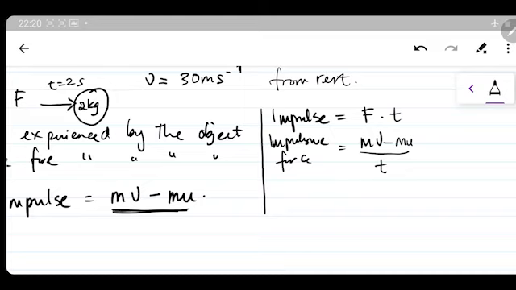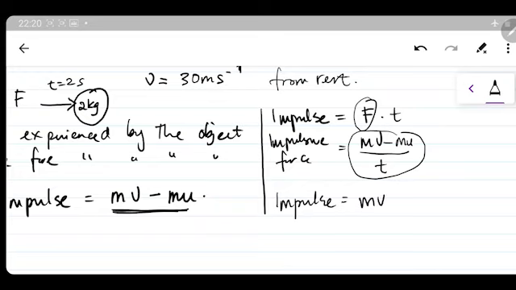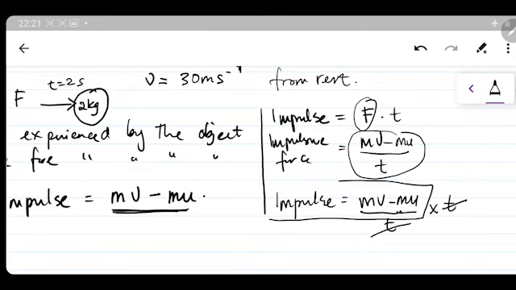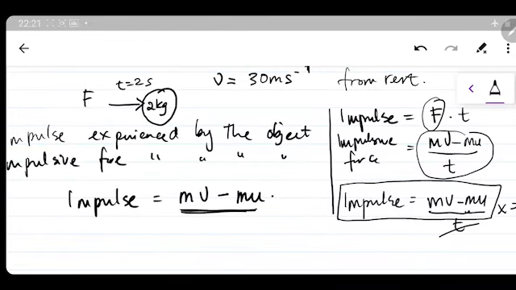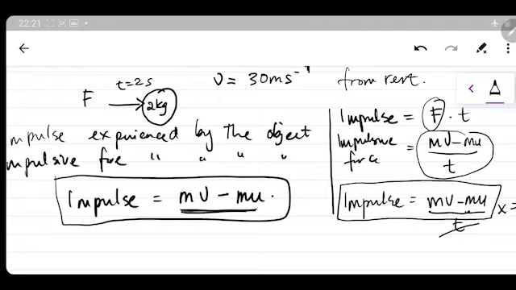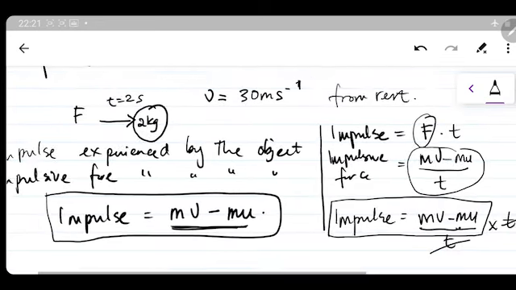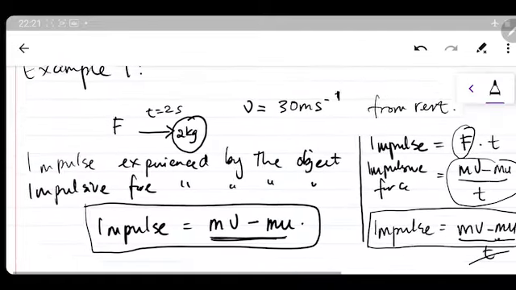So impulse equals F, which is all of this, multiplied by t, so we can cancel. Therefore, I get that formula, the formula that I use in this calculation.